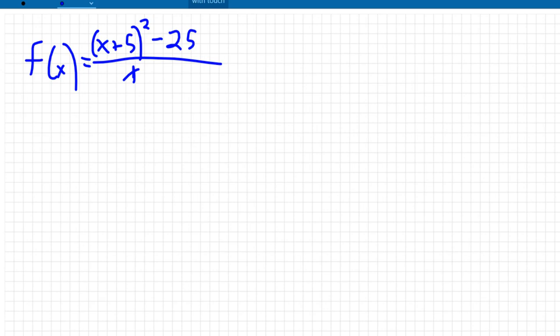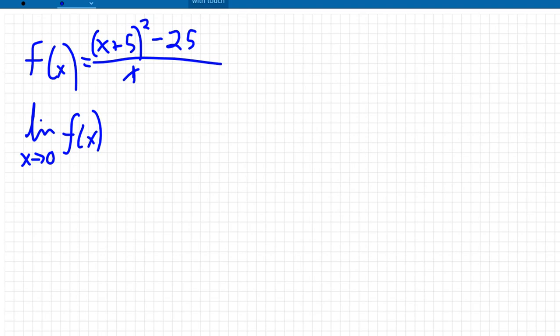So let's say we want to evaluate the limit as x approaches 0 of our function. If we just were to straight up evaluate f at 0, you'd see that we have an x in the denominator, and division by 0 is undefined. So we wouldn't really be able to find the limit that way.